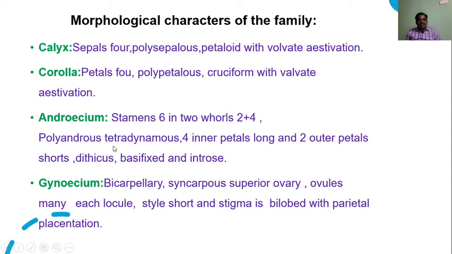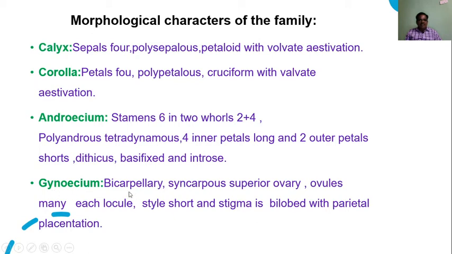Then polyandrous, tetradynamous condition is there. The 4 inner stamens are long and 2 outer are short. Then dithecous. Then basifixed type of attachment of the filament to the anther is there, and introrse, that is androecium or stamens are curved inside.